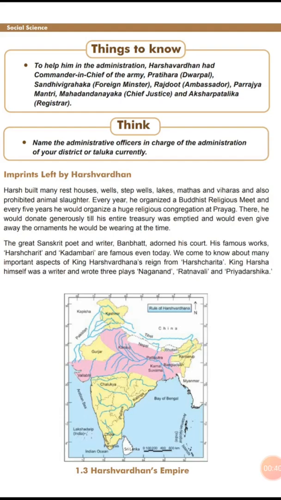Now if you see the title Harsh Charitra, Harsh means Harshvardhan, Charitra means you can say character. So what were the characteristics of Harshvardhan and his administration and everything? So from Harsh Charitra you can come to know many important parts of Harshvardhan's rule.